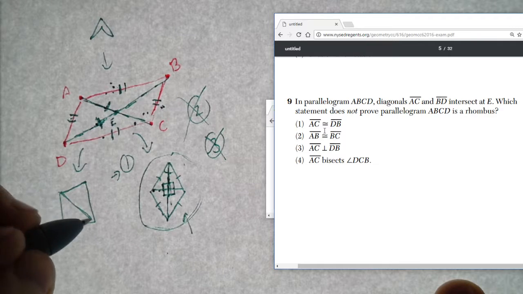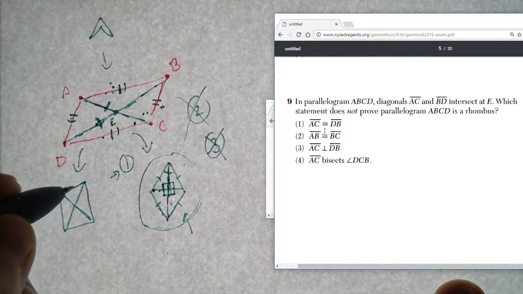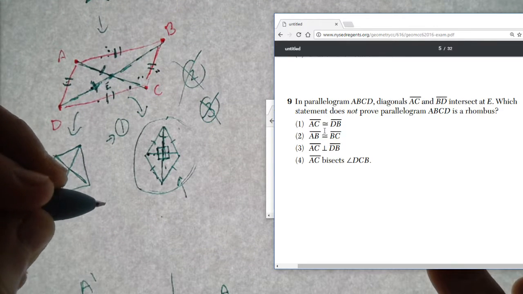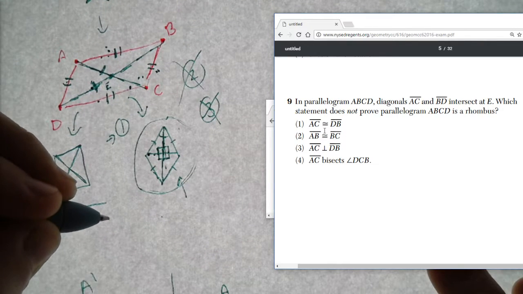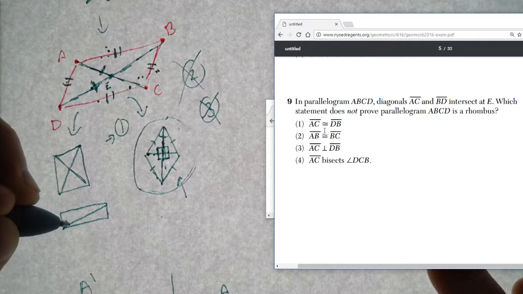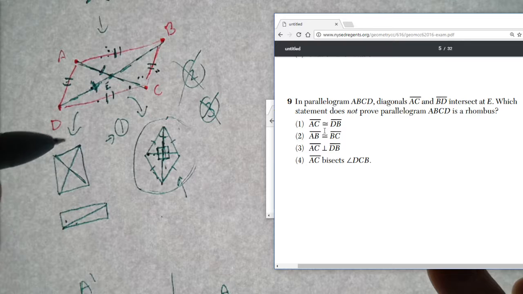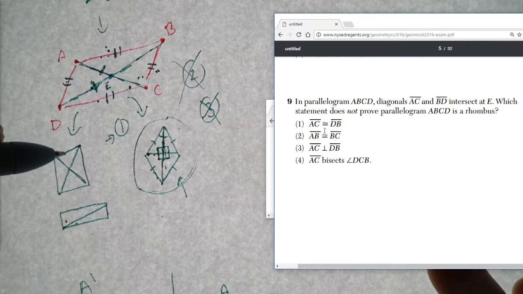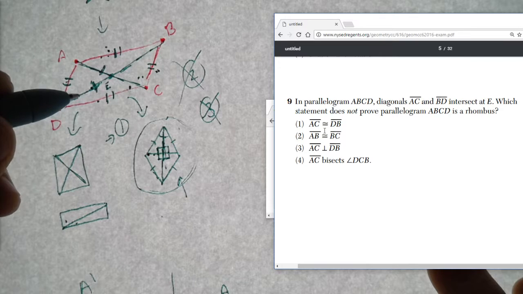Well, a rectangle also, its angles are not being bisected. Maybe if I draw a thinner rectangle, it makes it a little more obvious that my diagonals are not bisecting the angles. This angle is definitely much bigger than this one. So that's not a property of the rectangle, and therefore it's not a property of the parallelogram.